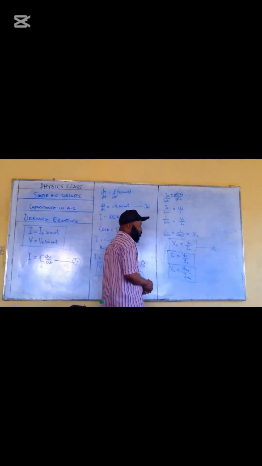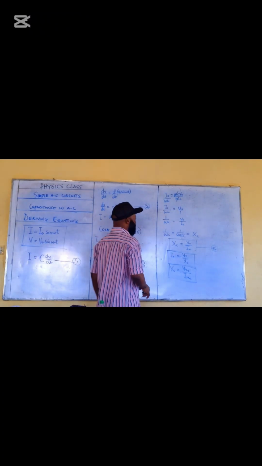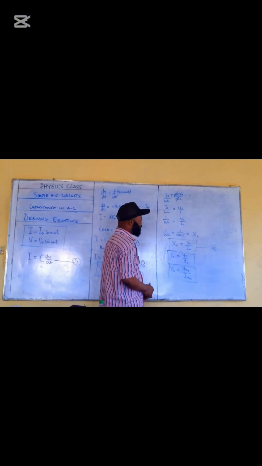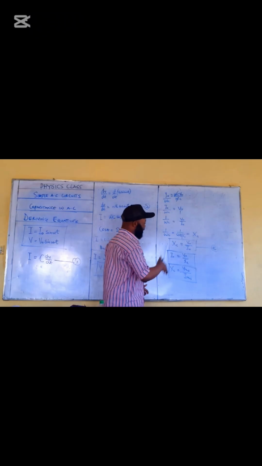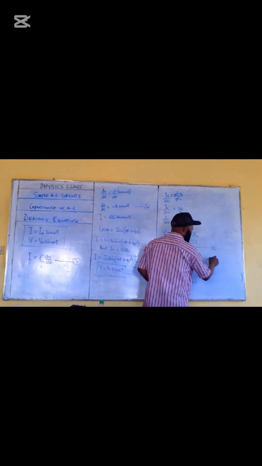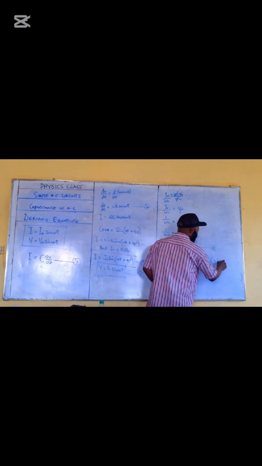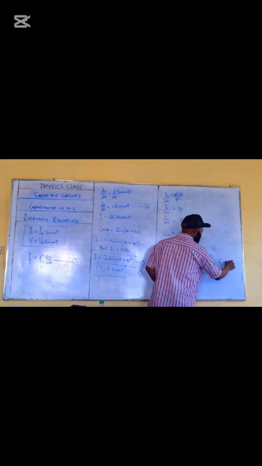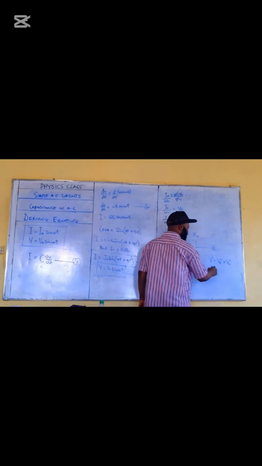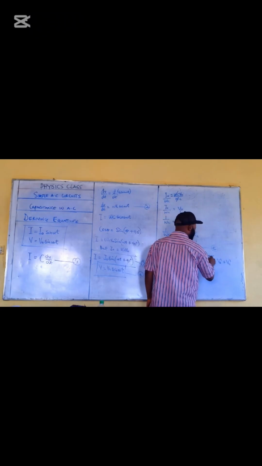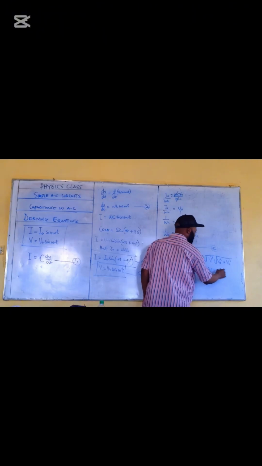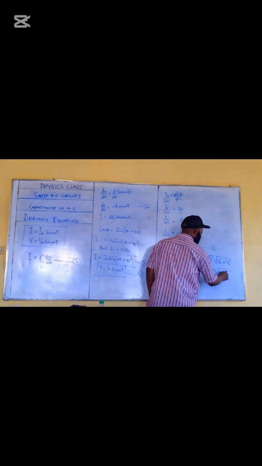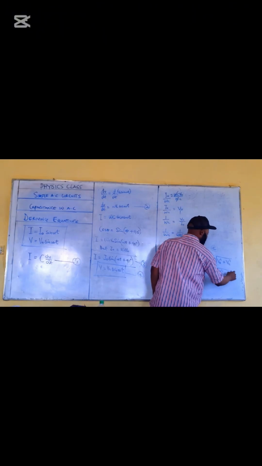We can also write the equation for total voltage when a capacitance is in AC. Total voltage will become V square equals VR square plus VC square. Taking square root through, we have V is equal to the square root of VR square plus VC square.